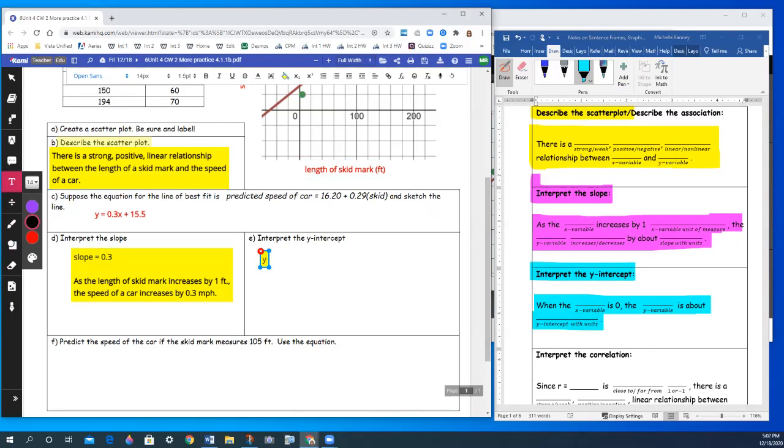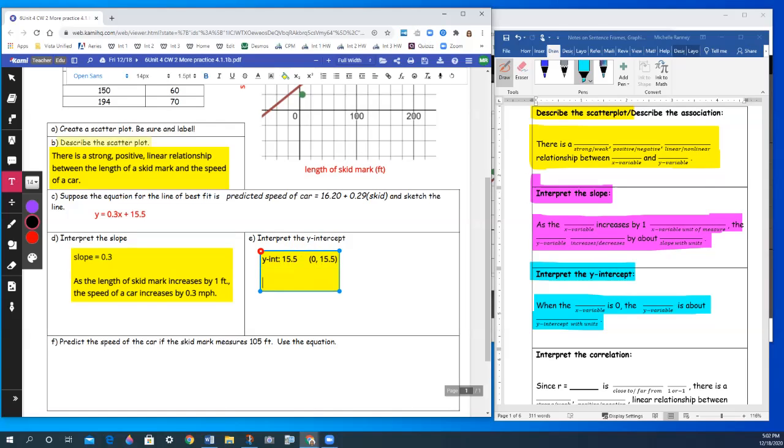So my y-intercept for this is 15.5, and I'm going to write it as a point. This is 0, 15.5.